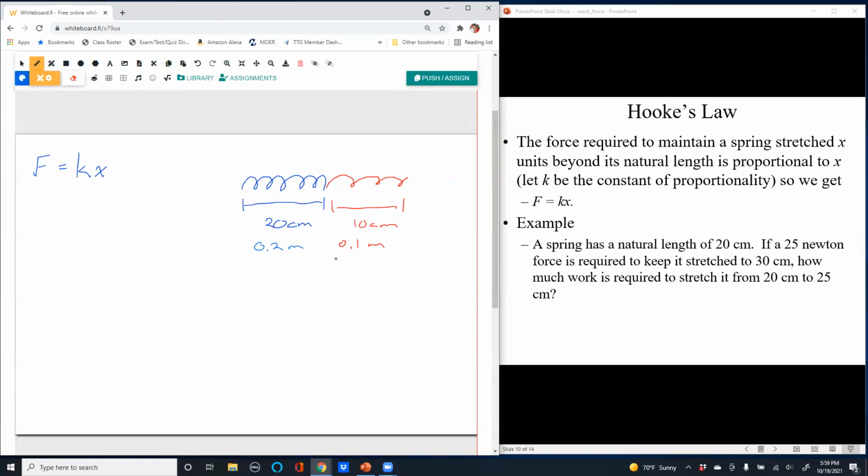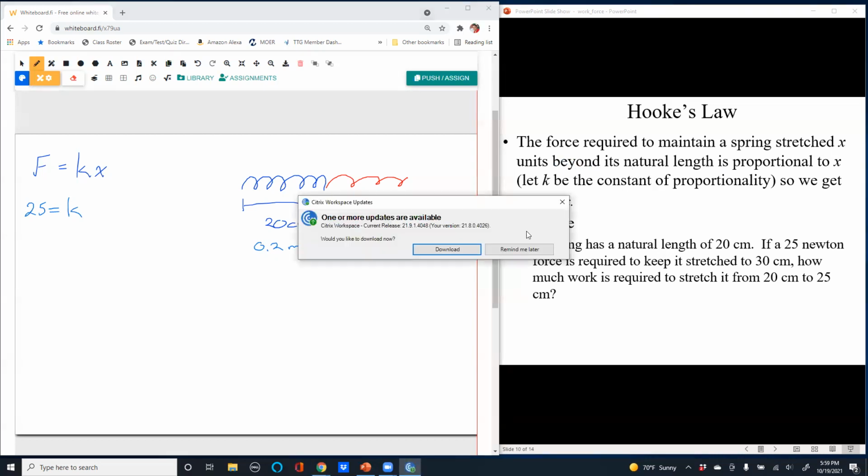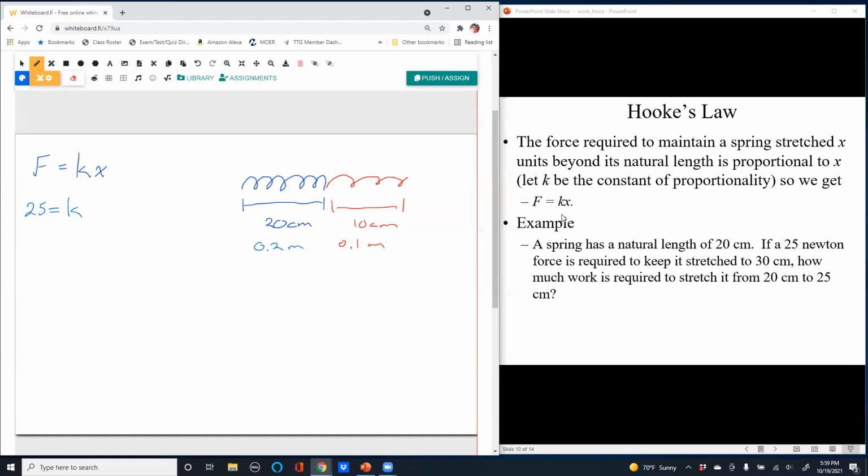So here's how this is used to get the formula for the force. We know that 25 newtons is needed in order to pull this out 0.1 meter. So what's happening is the force required to maintain a spring stretched x units beyond its natural length. Excuse me, its natural length was 20.